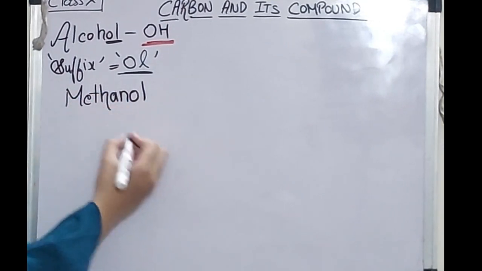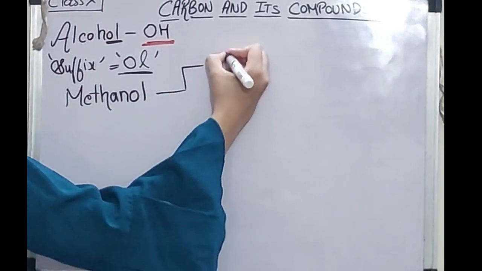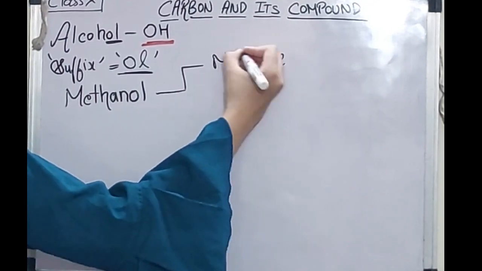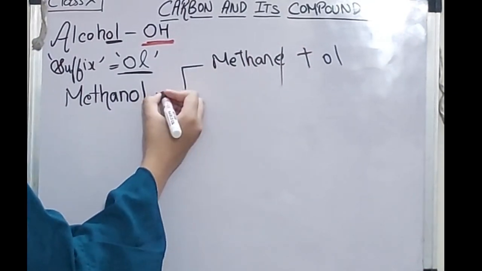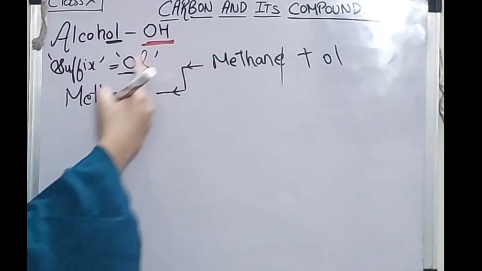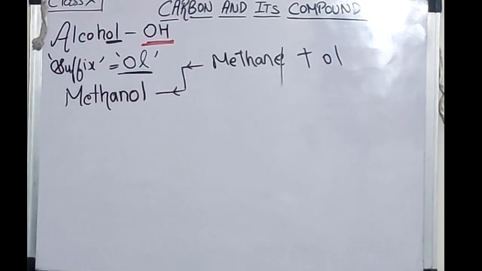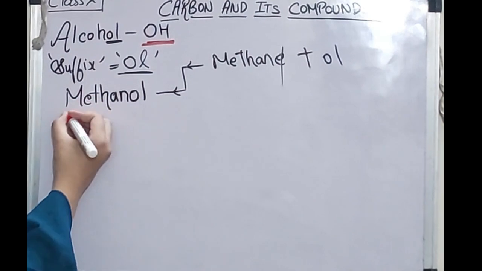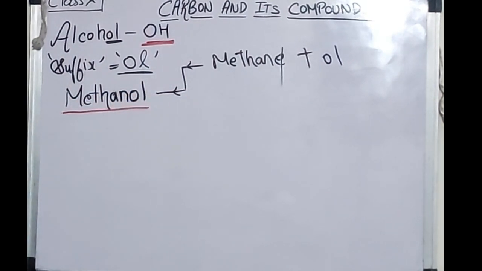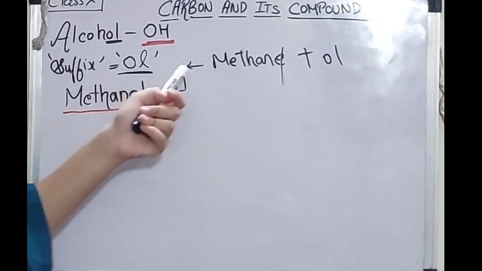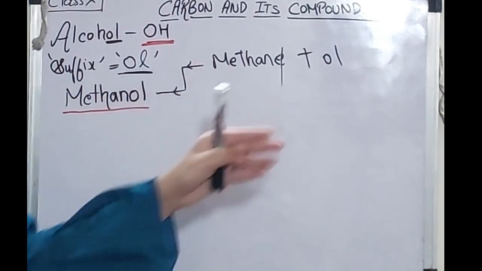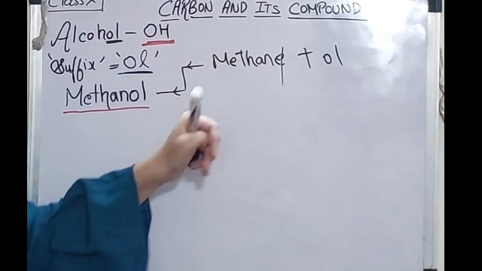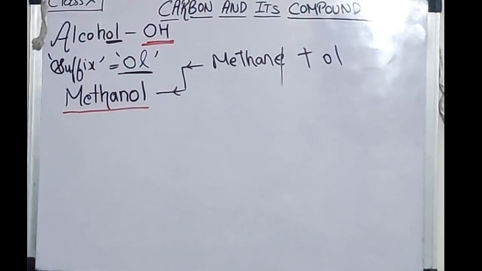So methanol. How did this methanol come? Methane plus OL. The E will obviously get cut, and it will become methanol. Looks like chemistry or some circuit like physics, but anyways. So when we add a suffix, the E gets dropped, like the E at the end of methane, ethane. Okay, I didn't give you the example for the second and third, the double and triple covalent bonds for halogens.